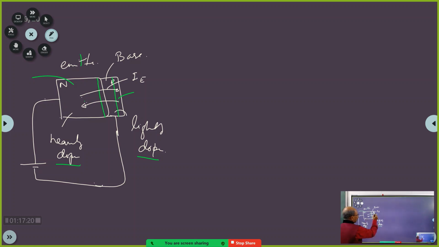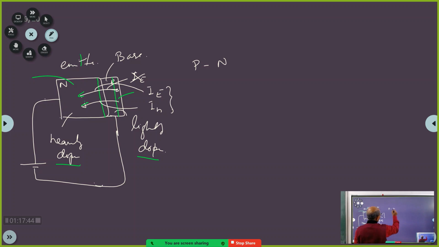If you take the conventional current, it will be in this direction because the electrons are moving like this, and the hole current will be in this direction. So totally the conventional current will be from P to N, or from base to emitter.